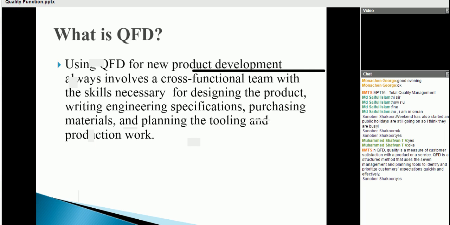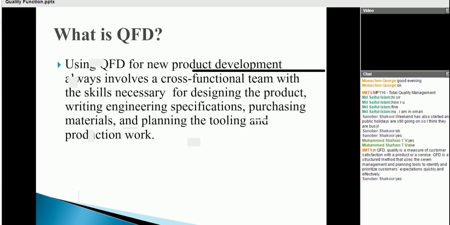QFD is basically designed to help the planners of any product or service focus on the characteristics of a new or existing product or service from the viewpoint of market segment, company or technology development needs. The technique yields two things: charts and matrices.